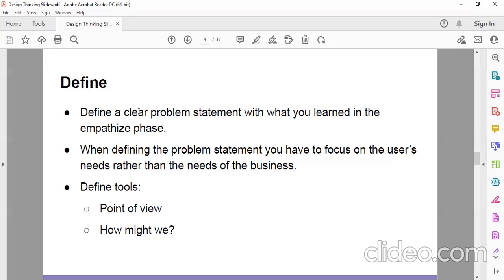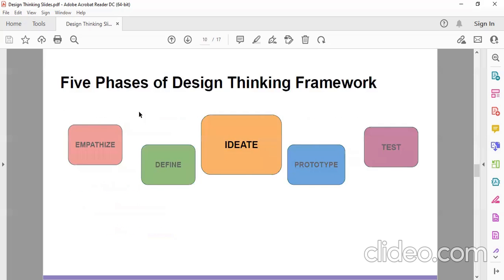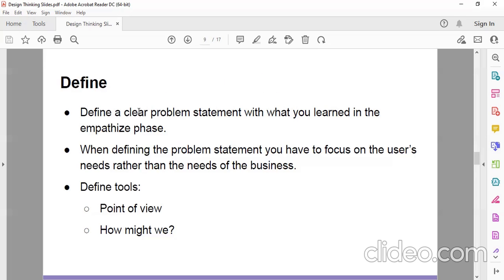So here I have mentioned two main design tools. There are a lot, but these two are usually used in the industry these days. So first one is point of view, and the second one is how might we, right? So point of view is something where we consider three kinds of things.